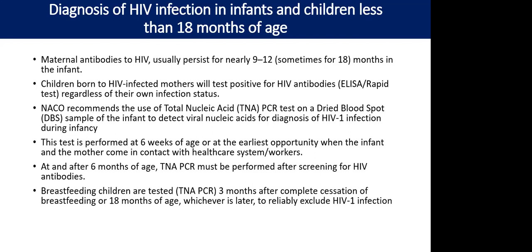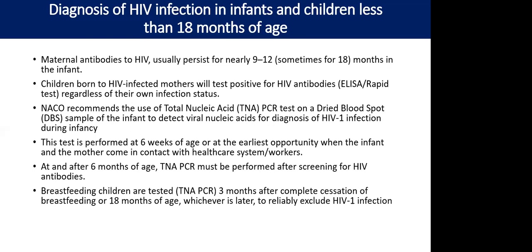on a DBS or dried blood spot sample of the infant to detect the viral nucleic acid, which detects proviral DNA as well as HIV RNA, and it is a qualitative test for diagnosis of HIV-1 infection during infancy. This test is performed at 6 weeks of age or at the earliest opportunity when the infant and the mother come in contact with the health delivery system or the healthcare worker.